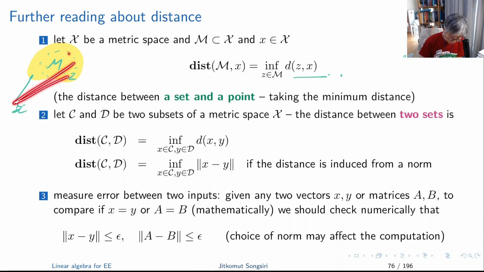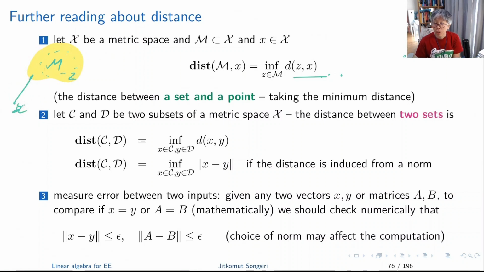This z doesn't give the minimum distance, this z doesn't, until you find this z. So we use the distance between this z and this x to define the distance between this point x and the whole set M.